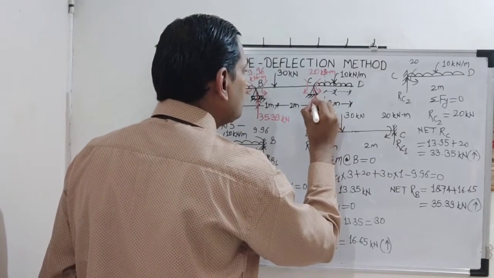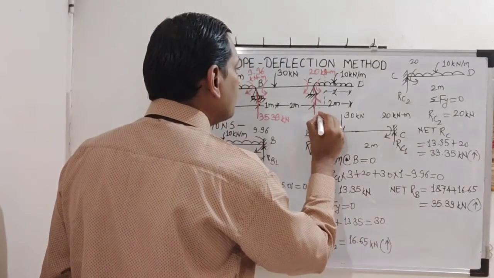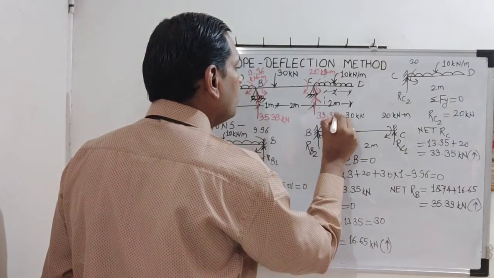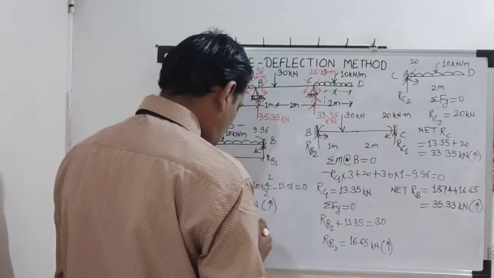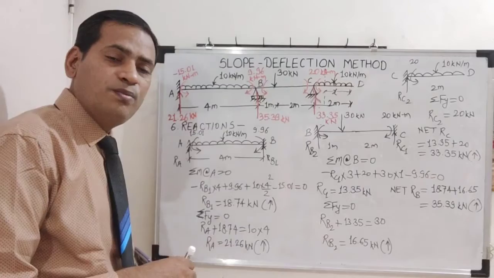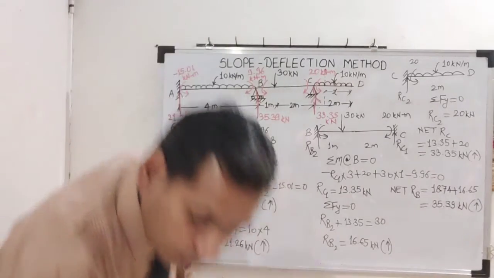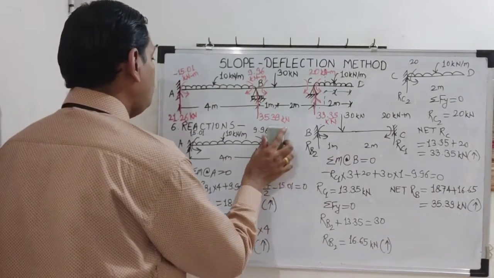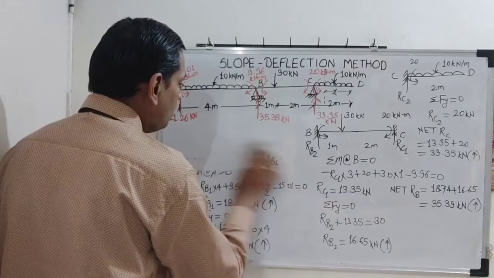So RC is 33.35. Okay, 33.35 kilonewton. Now we are going to plot the shear force diagram. So let us do it now. I will rub now all these calculations. These are not required.